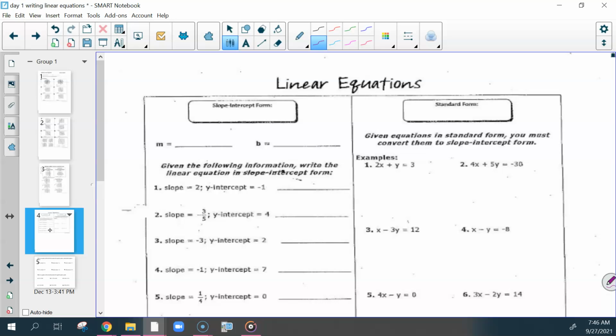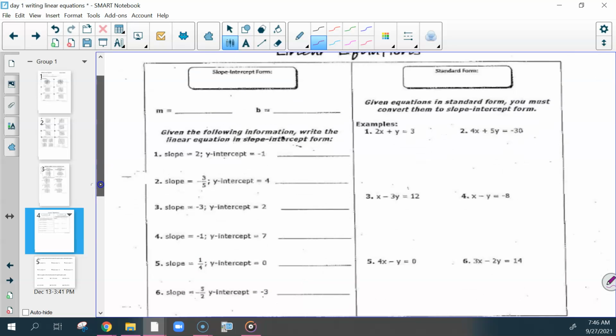These should be familiar because we kind of did this already. So the notes in the graphing were kind of misplaced, but that's good. Really, can you find, if given the slope and y-intercept, can you write the equation? If given in standard form, can you convert it back to slope-intercept?